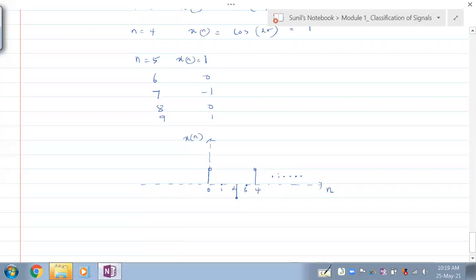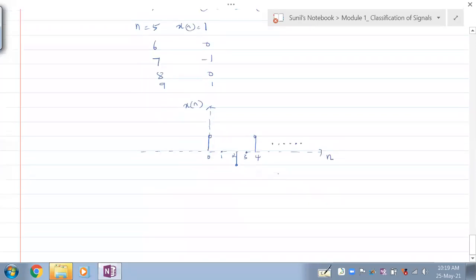Understand that? So how to find out the power of a periodic signal? Since x of n is periodic, I think it's better if I write another cycle also. So it would be this.